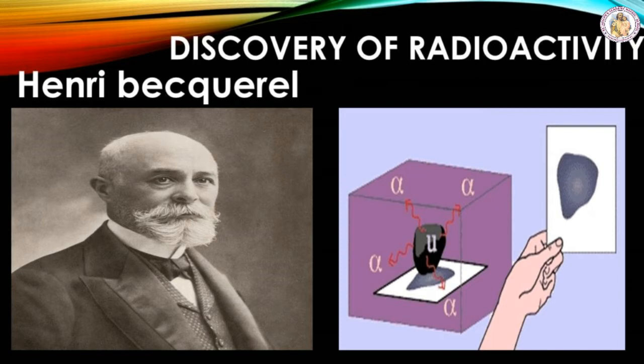He discovered that he could reproduce the effect whenever he placed uranium near a photographic film. Apparently, uranium radiated something that could affect the photographic plate. So this phenomenon was called radioactivity, and uranium was identified to be a radioactive element.